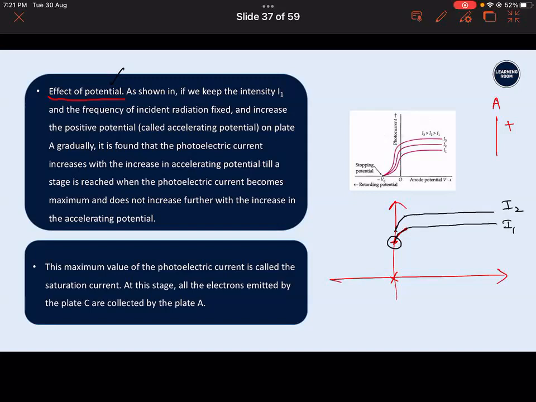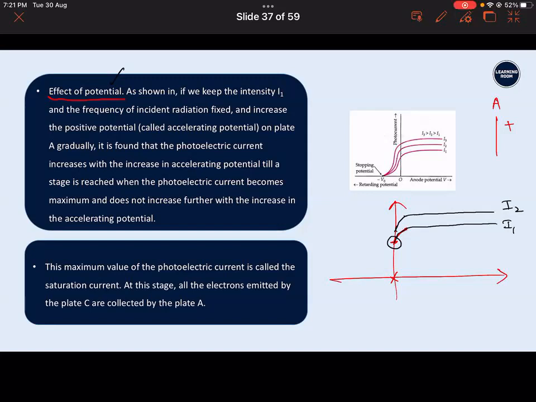I'm not concerned about photoelectric current increase here. I'm only testing to understand how much strength an electron has to overcome the repulsion against itself.